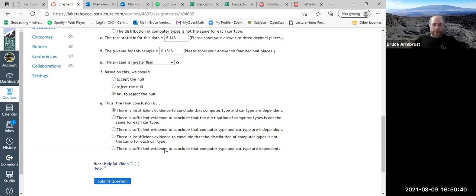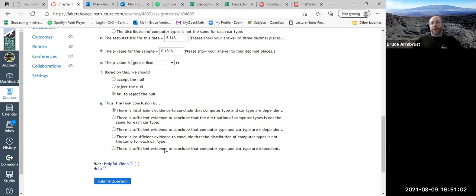All right, I think that's the one we want, right? Because saying that they're not independent is dependent, and we don't have enough information to say not to the H naught, right? We failed to reject H naught.